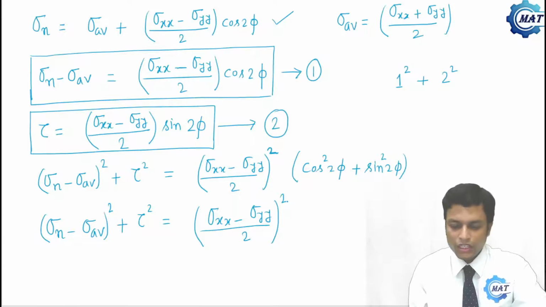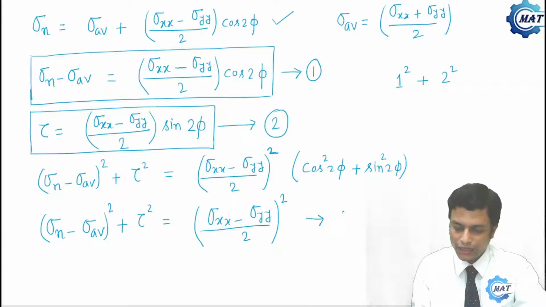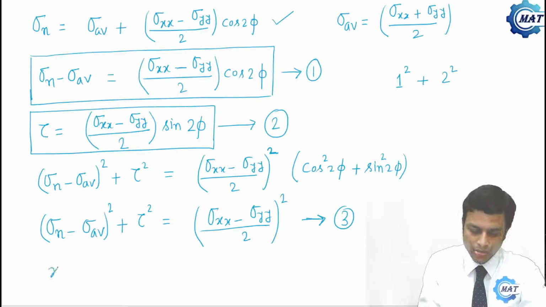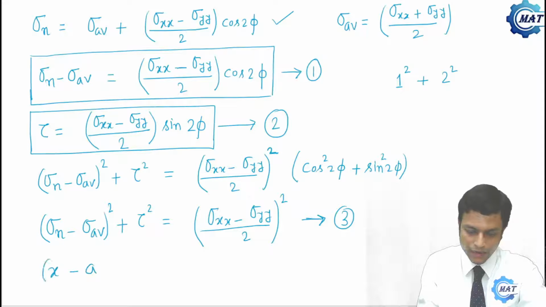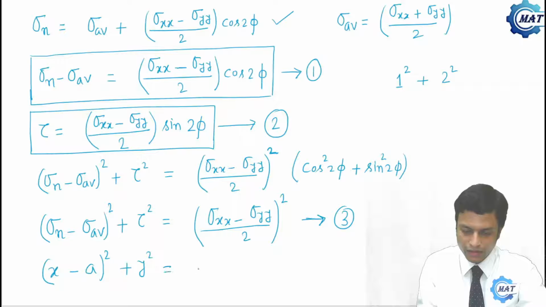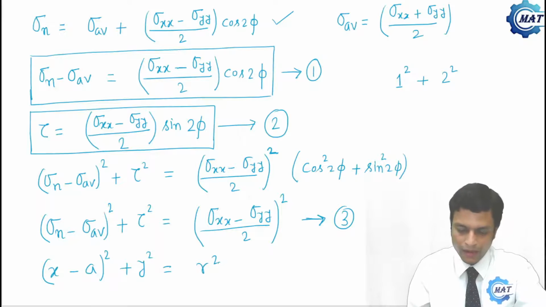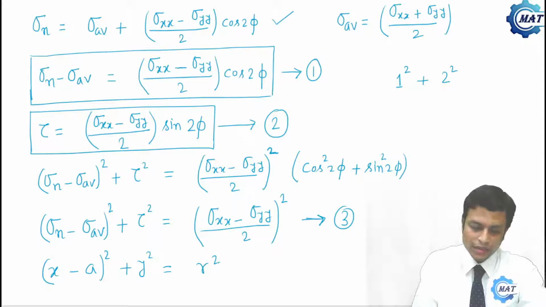Now say this is equation 3. This is analogous to x minus a whole square plus y square is equal to r square. Because here the variables are sigma n and tau, and in that equation the variables are x and y.